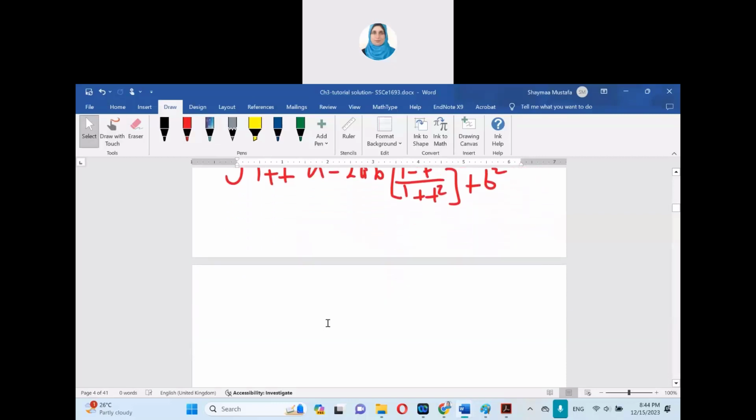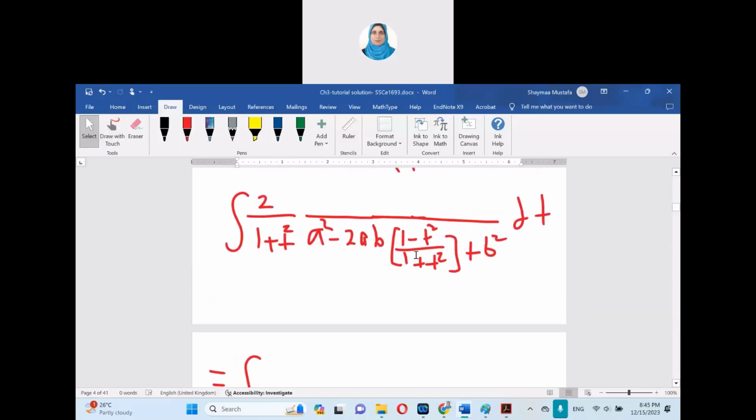Which is equal to, now I will multiply 1 plus t square by all this one.